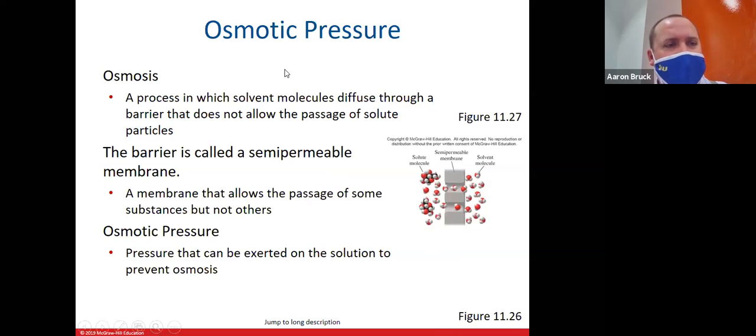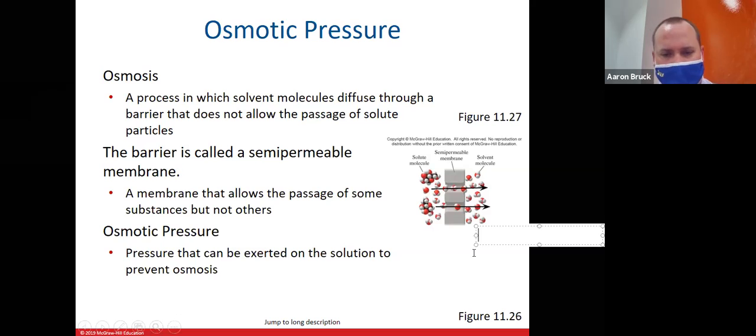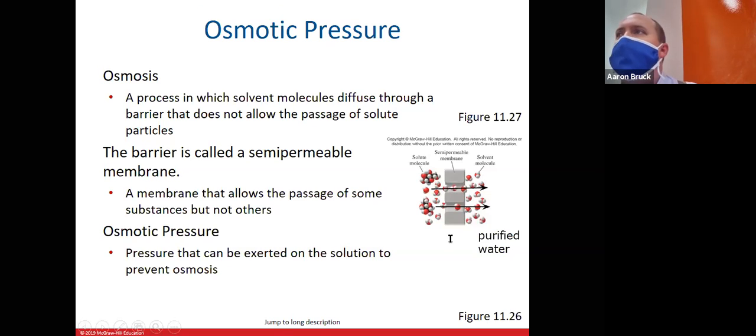What will start to happen is that we will see water molecules going in the reverse direction of the way that they should. And on the other side, what we will end up getting is a more pure water product.